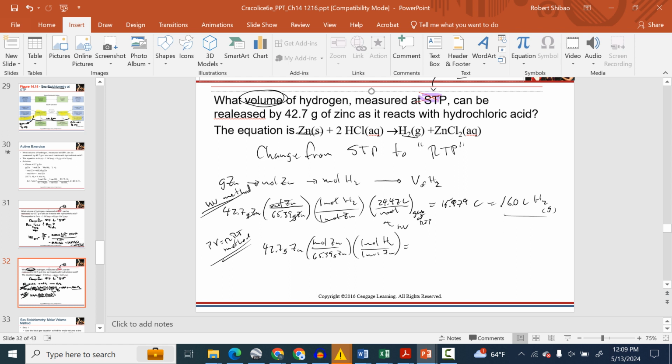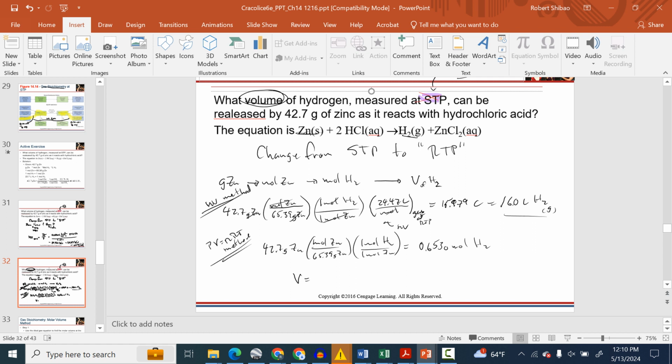So I would have 42.7 divided by 65.39, which gives 0.6530 moles of zinc, the same as the moles of hydrogen. So I'll have 0.6530 moles of hydrogen.